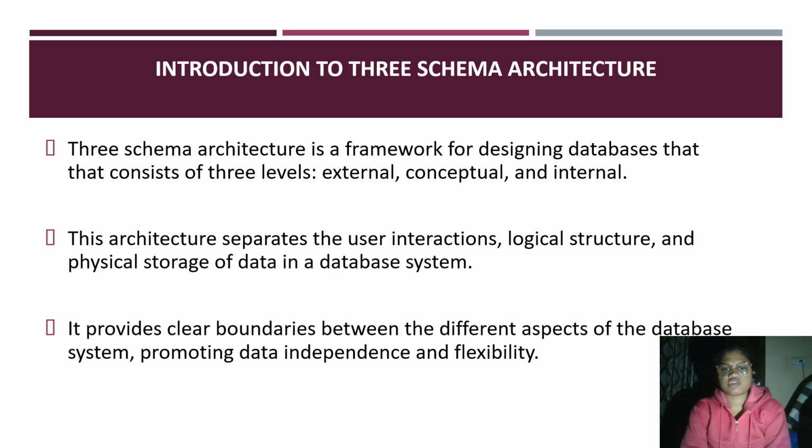Schemas architecture separates the user interactions, logical structure, and physical storage of data in database system. It provides clear boundaries between the different aspects of database system, promoting data independence and flexibility.